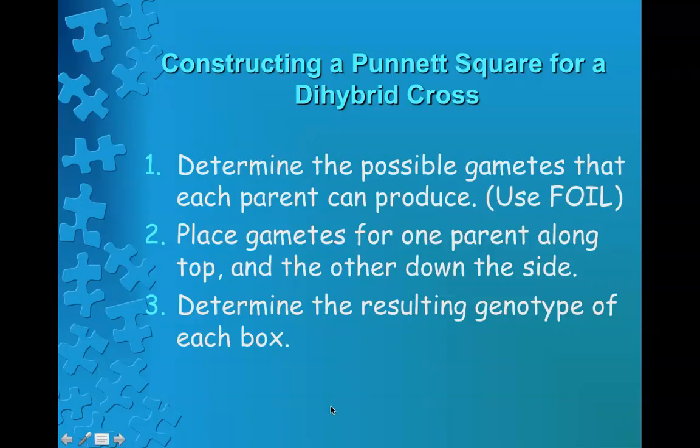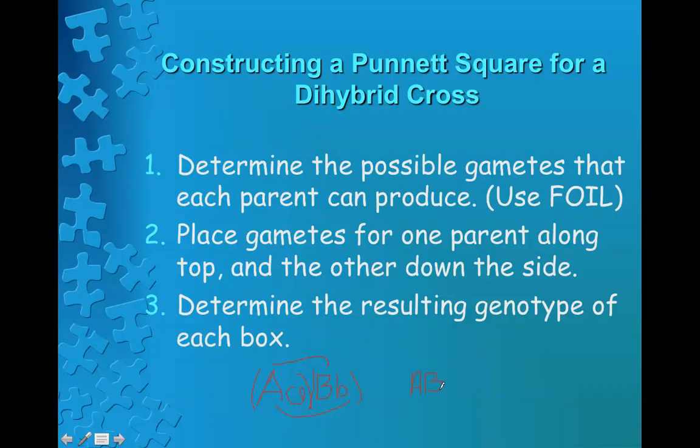So if I take a parent generation who looks like this, let's say we're big A, little a for trait 1, and big B, little b for trait 2. Treat this like math class. Put them in parentheses just like you would in an algebraic problem, and use the FOIL. First is going to get me big A, big B. That's going to go above one set of boxes.